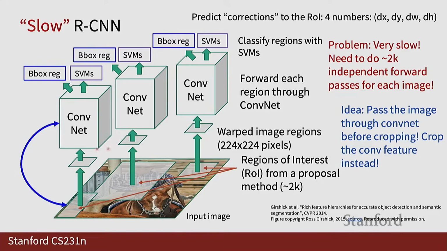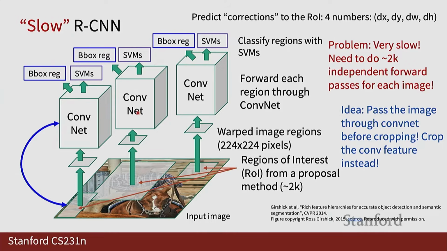Instead of running a convolutional neural network on each of these boxes, because convolutional operations preserve the spatial information, right? They either downsample or upsample. We always have a way to track where in the pixel space they are, right?